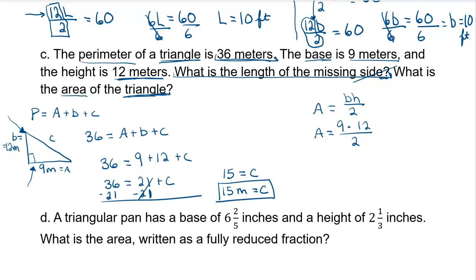All right, so now I simplify, multiplying the numerator, and I get 108 divided by 2. And then I need to divide by 2, and that gives me 54 meters squared, because it's an area calculation, so my unit has to be squared.